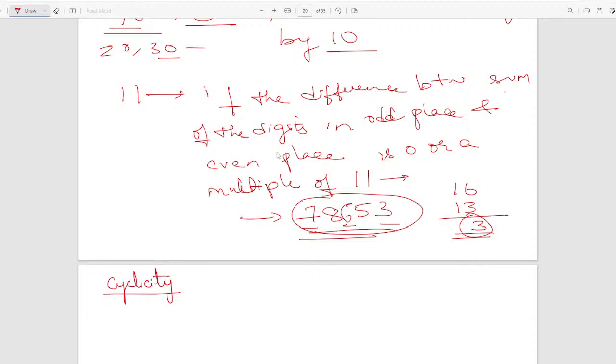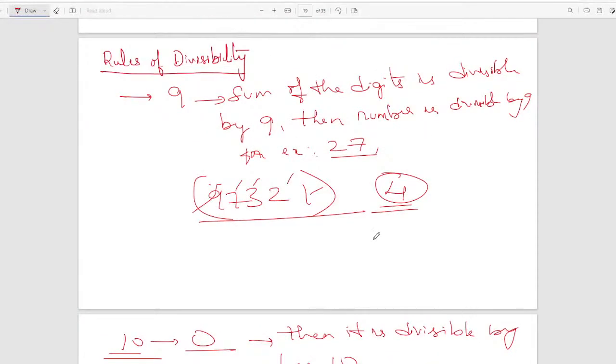And regarding an example for 7, let's take any number. Let's take 798. You have to take the last digit 8 and multiply it by 2.